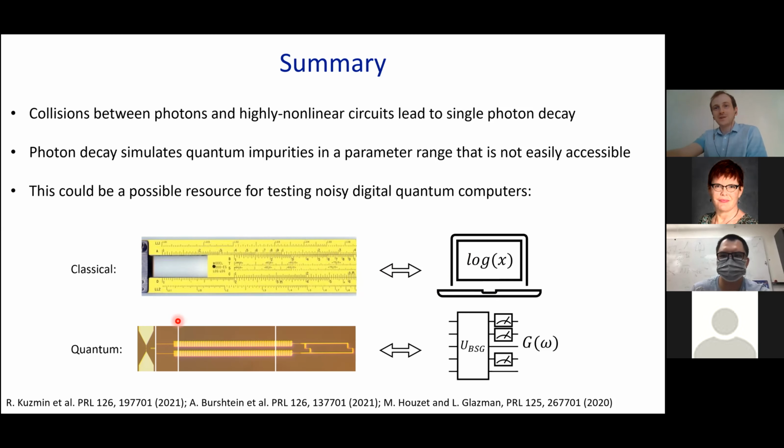And here our device is in some sense a quantum slide rule, and it can in principle be used to check if a small quantum computer, which simulates the same problem, outputs the same result or not. So yeah, thank you for your attention.